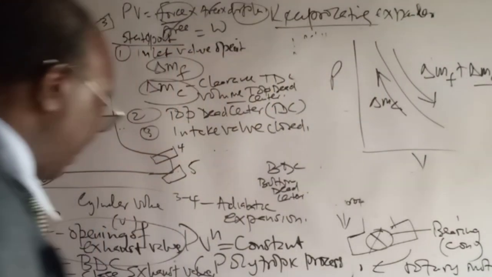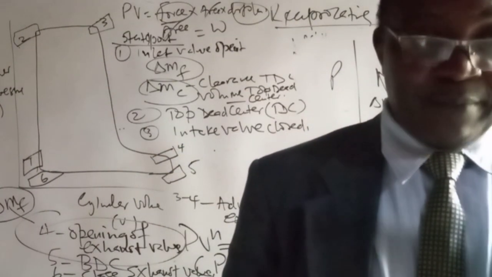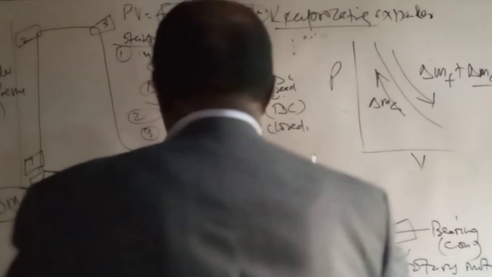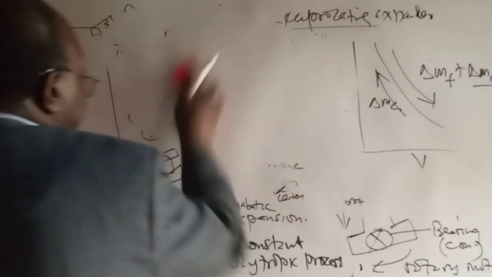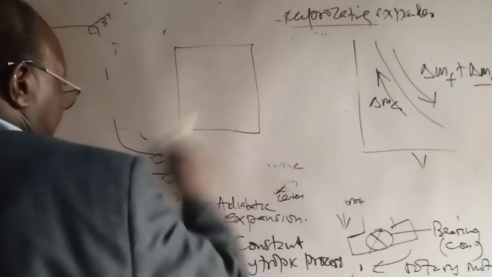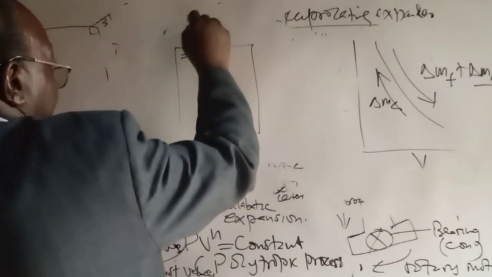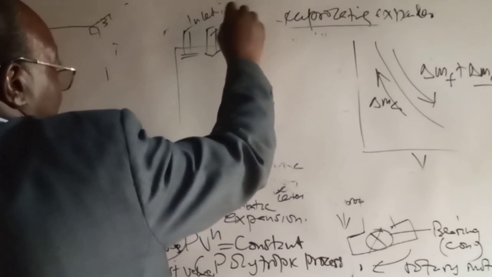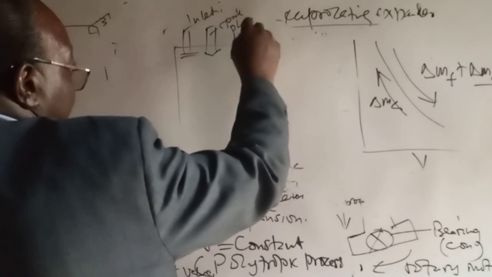Now, we have said that this system, we are assuming they are reversible. And another important assumption is, let's just sketch something here. Let's deal with the top of our system. We have the inlet valve, we have the spark plug, and we have the exhaust valve.